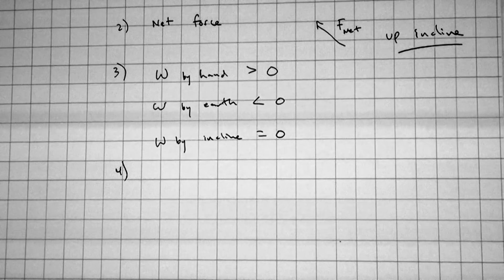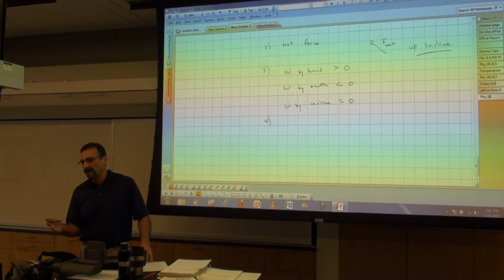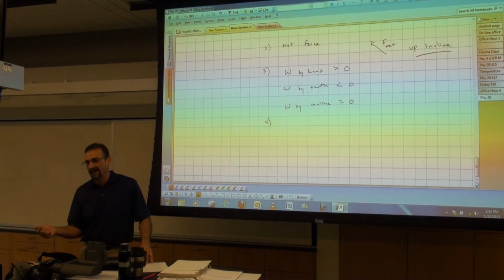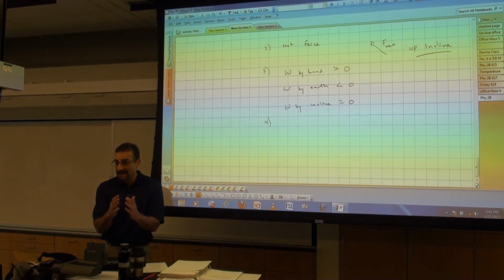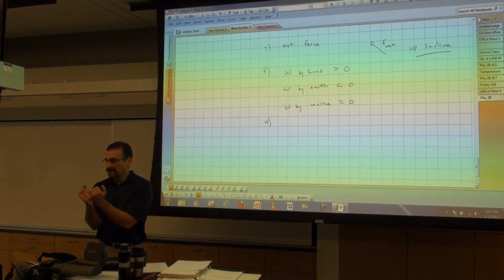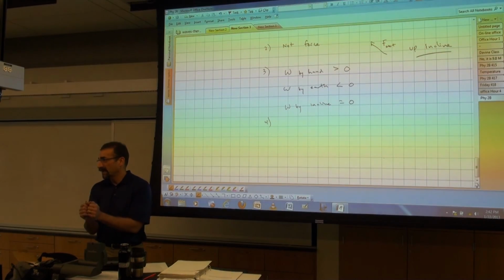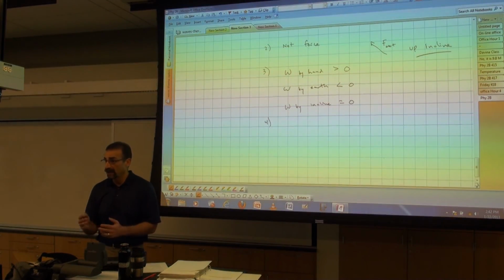Yes. The work done on the block by the hand is equal and opposite to the work done on the hand by the block. They're both moving through the same distance, but the forces are in opposite directions. Equal magnitude, but opposite direction. So the work done is the same, but we have a negative sign on one and not the other.